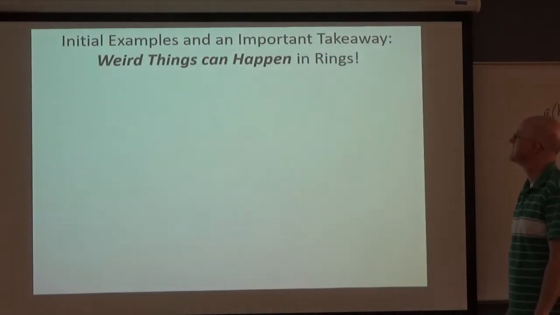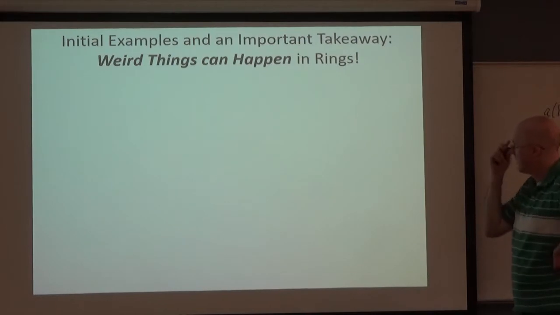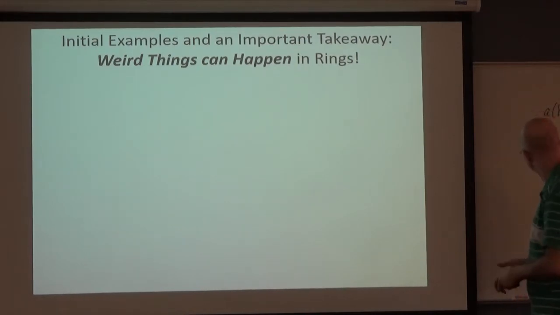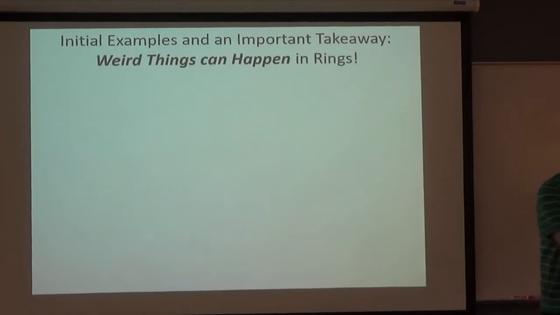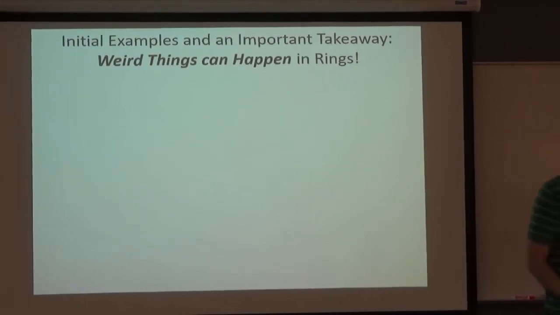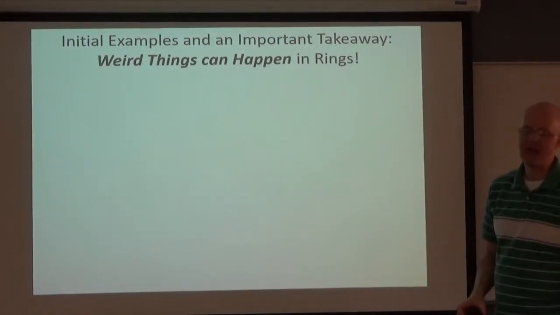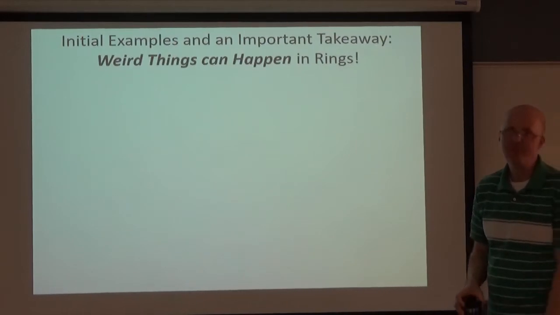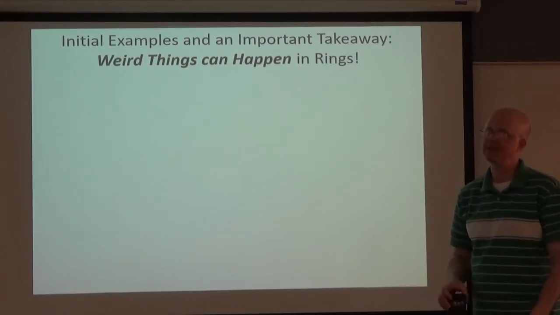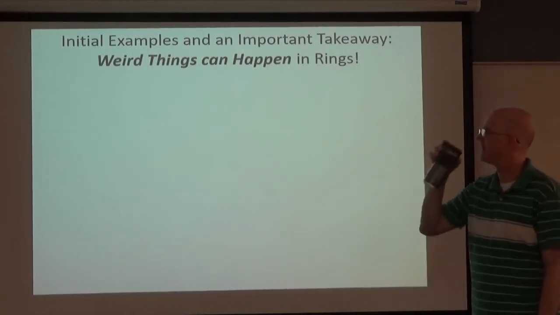All right, here are some initial examples. An important takeaway from these initial examples: weird things can happen in rings. This abstract definition encompasses many examples, as good abstract definitions should. And in many of these examples, weird things do happen.